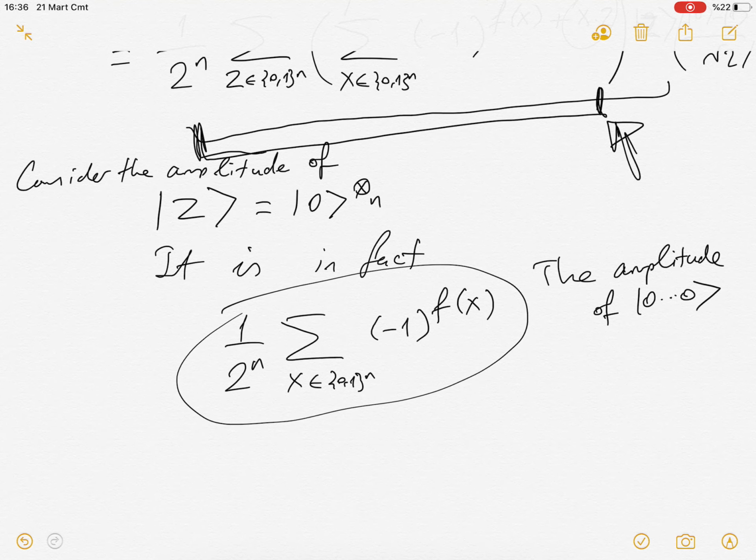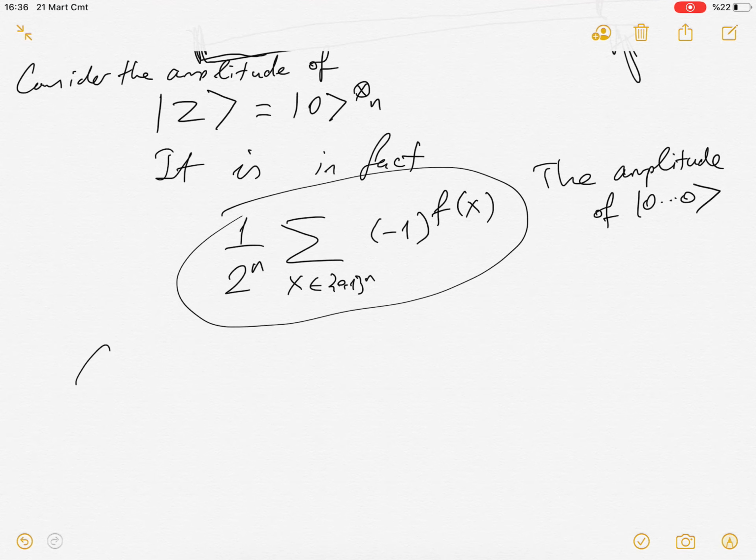Depending on the characteristic of the function, whether f is constant or balanced, the amplitude of all zeros shows a unique characterization. It gets a unique value. So I'm going to discuss the cases. Case 1 is if f is constant.